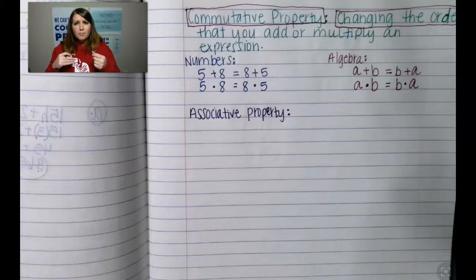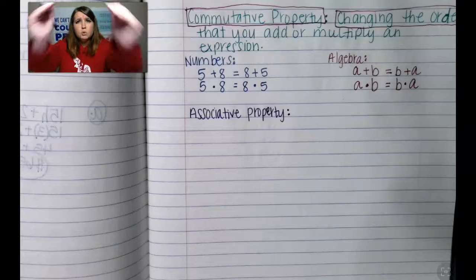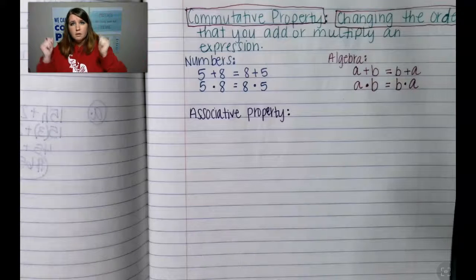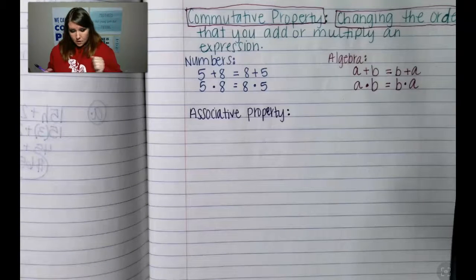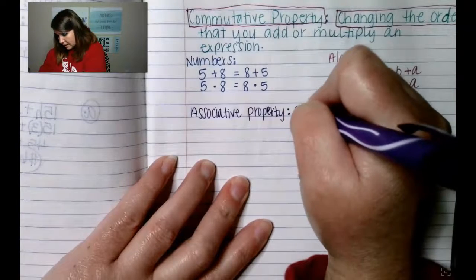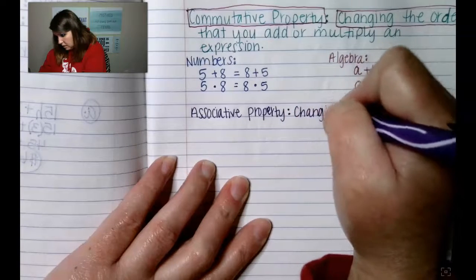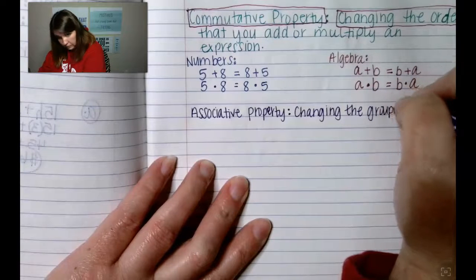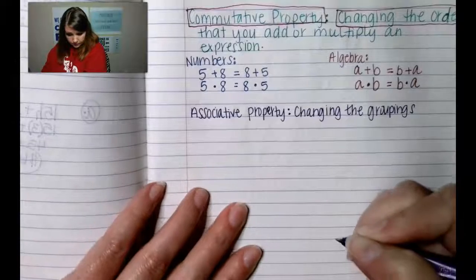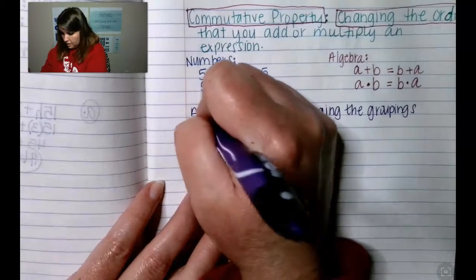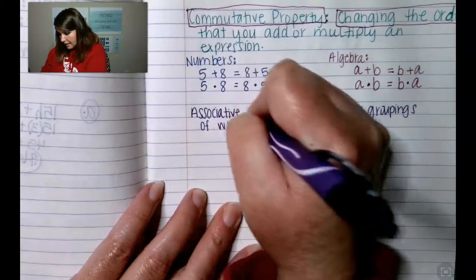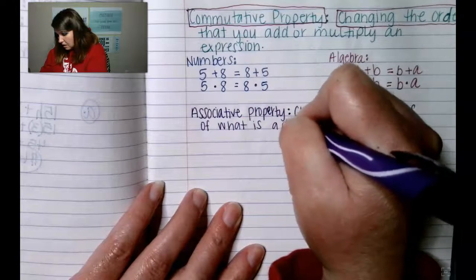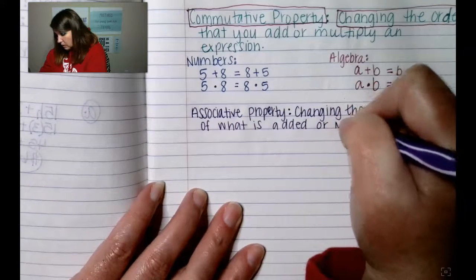Essentially, associative property has parentheses. It has groups of things. They're associated with each other. So you are changing the groupings of what is added or multiplied.